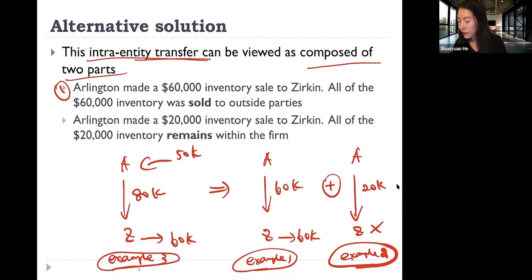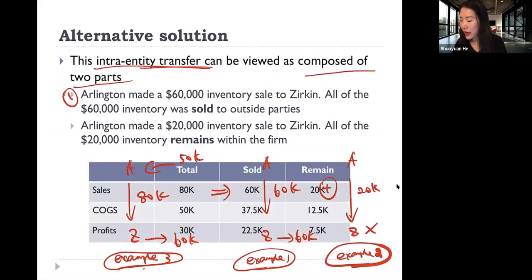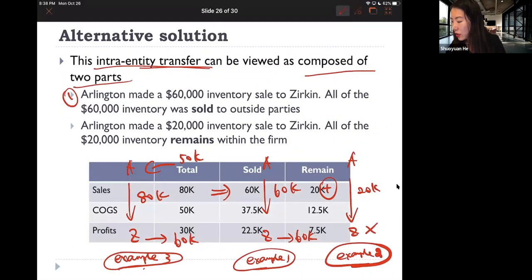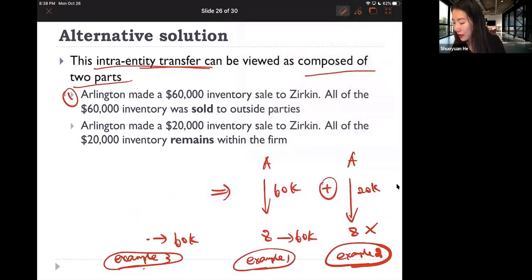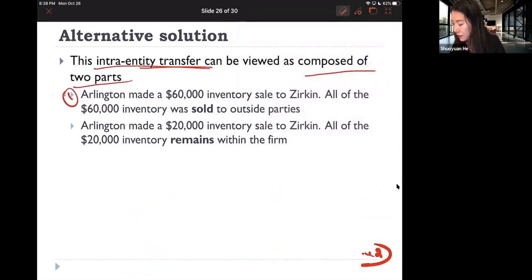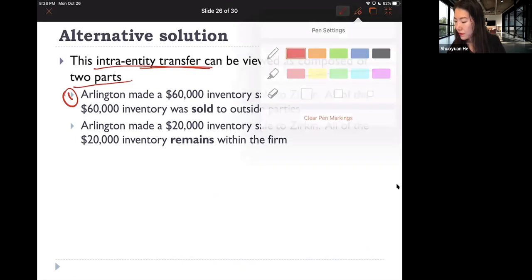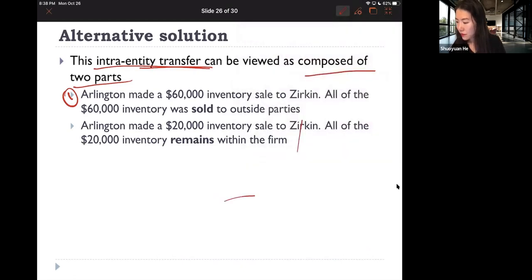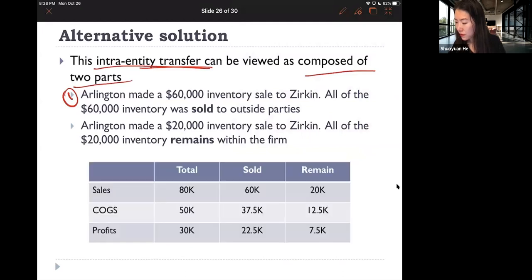So with regard to example 1, basically the total is 80,000 sales, cost of goods 50,000.